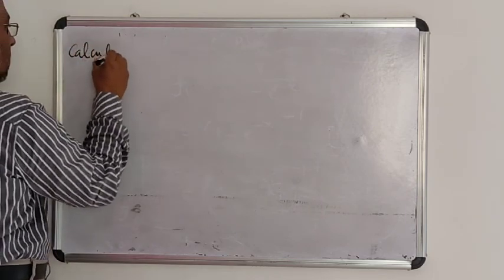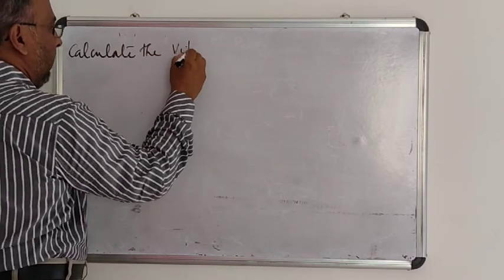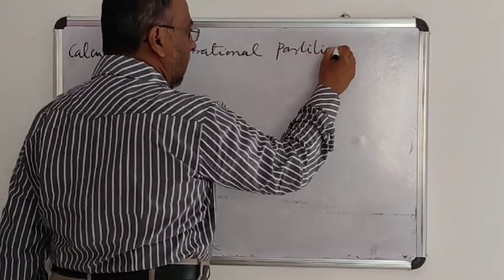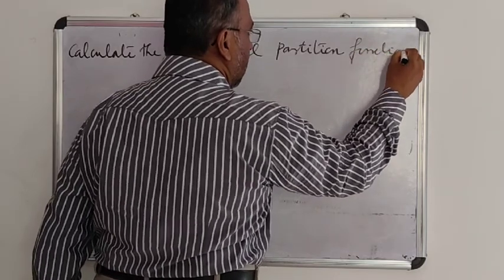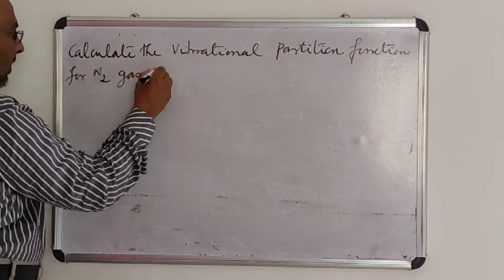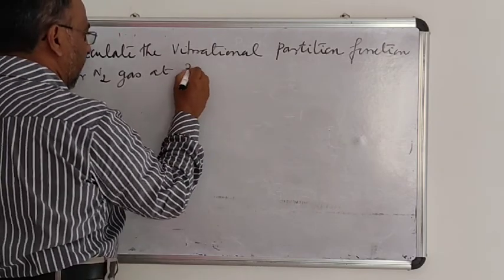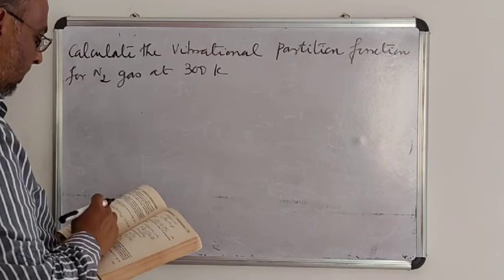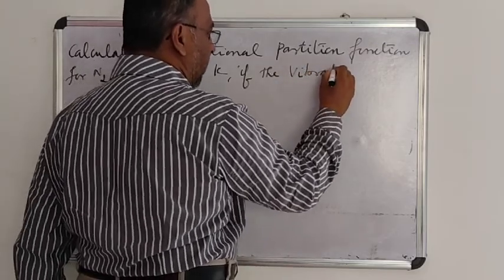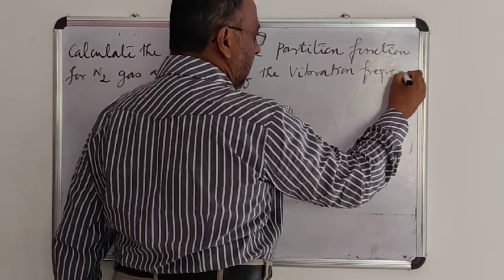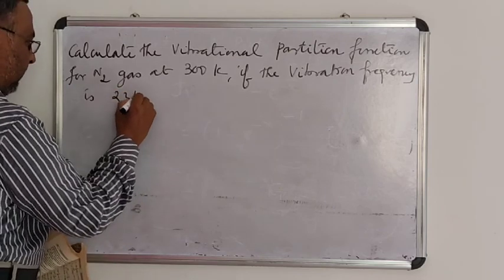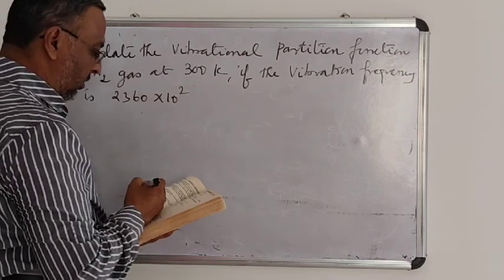Calculate the vibrational partition function for nitrogen gas at 300 Kelvin, if the vibration frequency is 2360 into 10 to the power of 2 per meter.